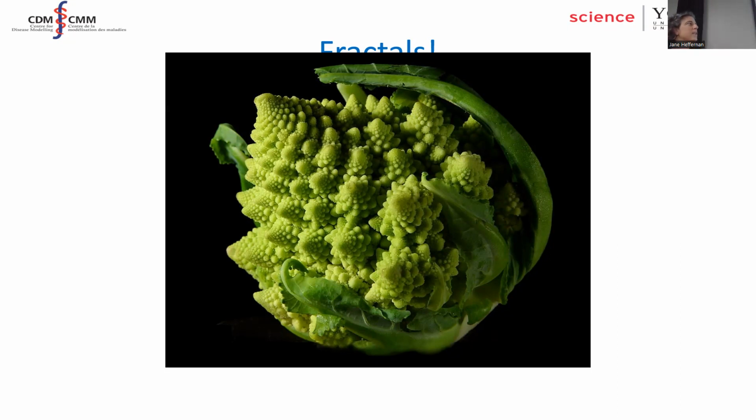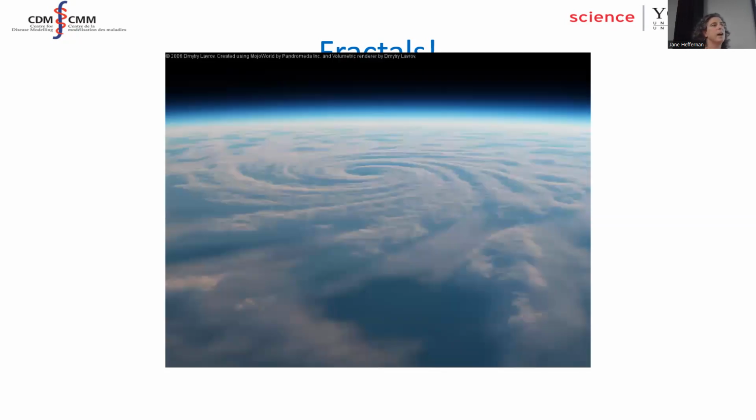Okay. And so when taking into account all of this math and biology, when we're watching movies, we actually see a lot of computer-generated mathematical models in the movies that we're watching. And so this is not actually a picture of a hurricane from space.